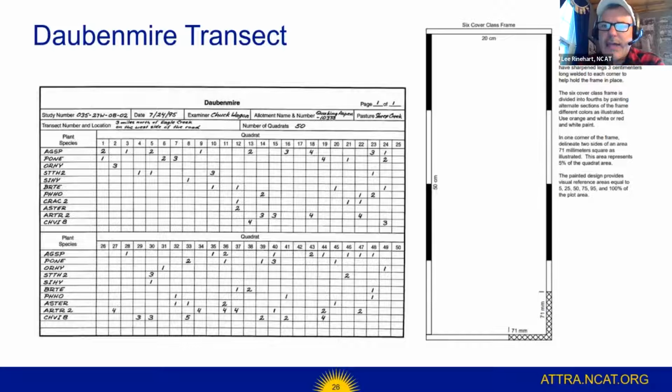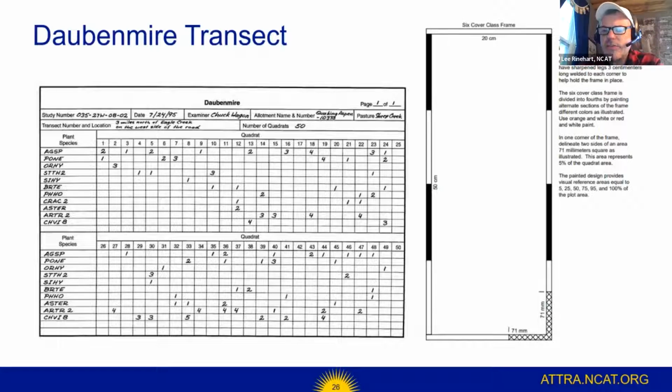You'll see that there is a cover class frame on the right hand side of your screen, and that frame is 20 centimeters wide by 50 centimeters long, and it is divided with black tape. We made ours out of PVC and put black tape around them, dividing it into 4 quarters. Then you'll see at the bottom there's a 71 millimeter square.